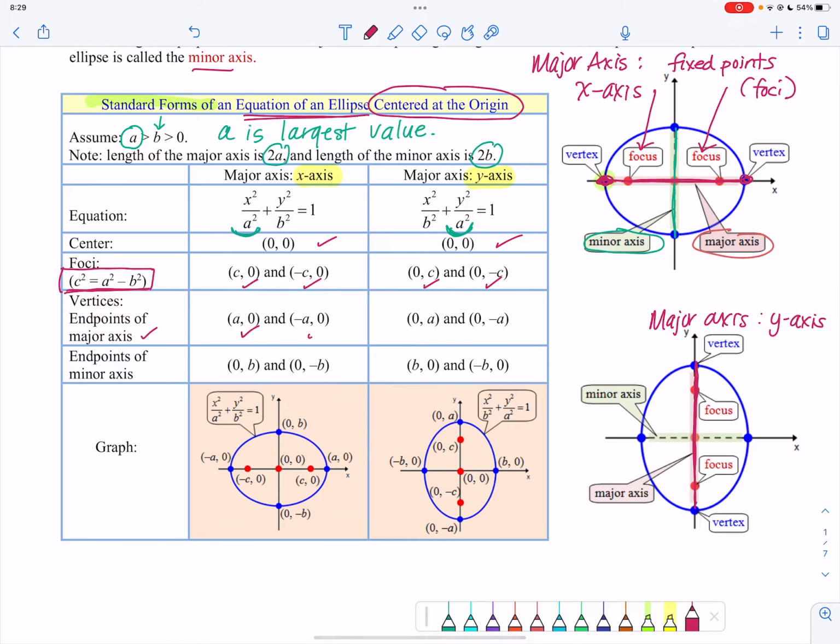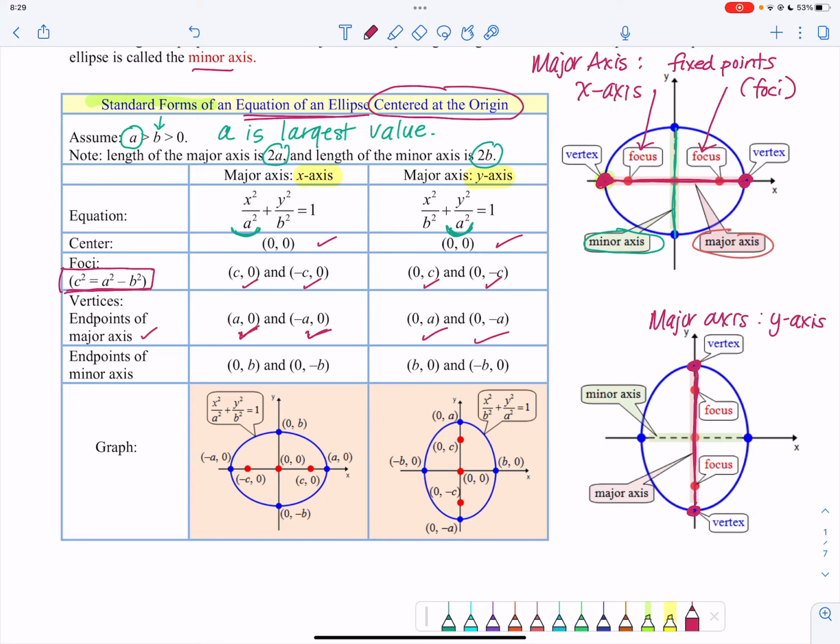These make a lot of sense because you can see that the vertices here have 0 as their x-coordinate when the major axis is the y-axis. And you can see here that the coordinates of the vertices will have a y value of 0 when the major axis is the x-axis.